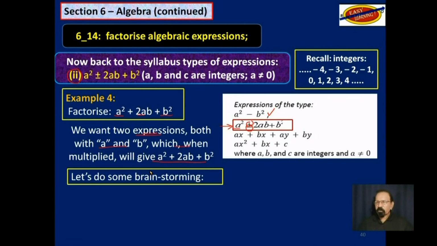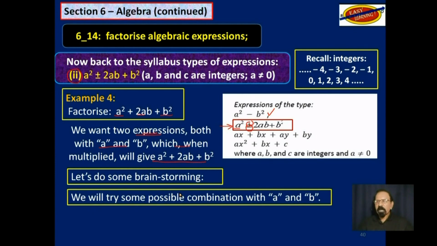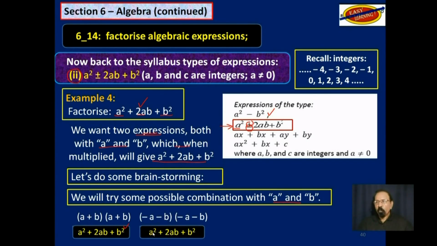Let's do some brainstorming. We will try some possible combinations of a and b, a plus b and a plus b. If we do that, we will actually get back this. But if you take -a and -b and you square that, you will also get back this answer up here.